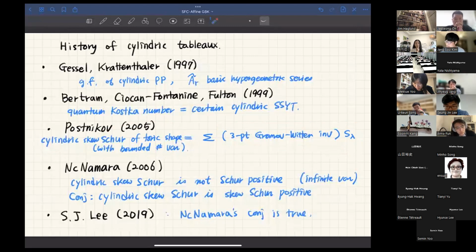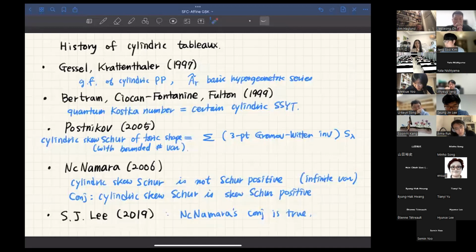And from this, we can see that under this condition, it is Schur positive. But this is no longer true if the number of variables is infinite. In fact, McNamara showed that a cylindric skew-Schur function, if it's not a Schur function, it actually contains a Schur function. So genuine cylindric skew-Schur functions are not Schur positive if there are infinitely many variables. But he conjectured that a cylindric skew-Schur function is skew-Schur positive.